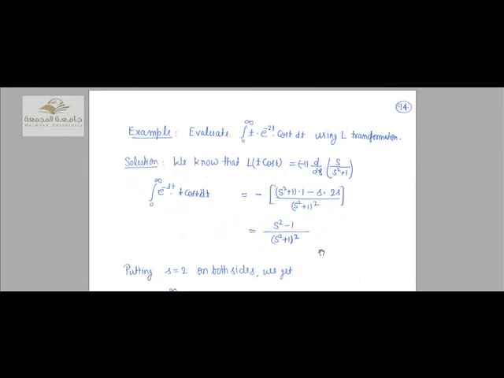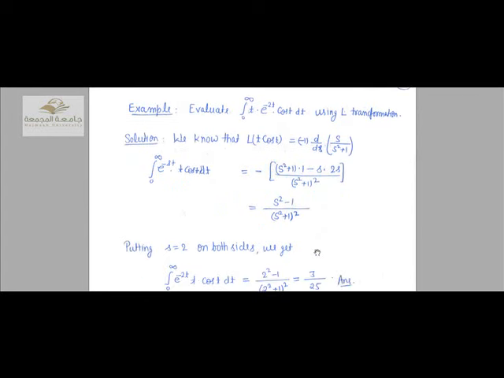Now the next example, evaluate the integral from 0 to infinity of t e to the power minus 2t cosine t dt using Laplace transformation. Solution, we know that L of t cosine t is equal to minus d over ds of s over s square plus 1.